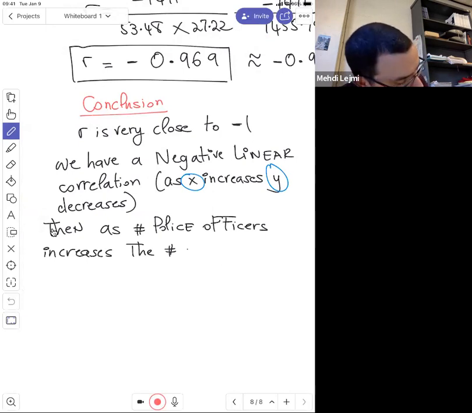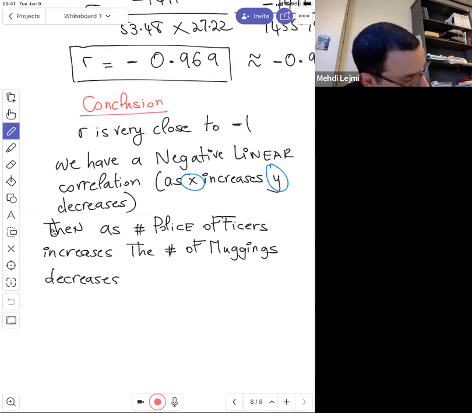So the number of muggings decreases. Okay, so that's the relation of the correlation between our variable X and our variable Y.